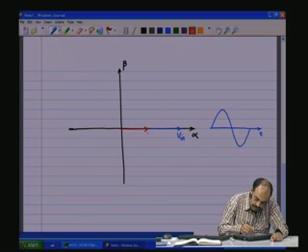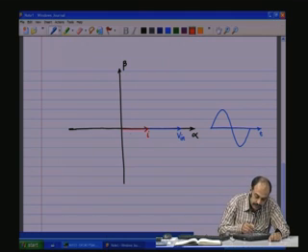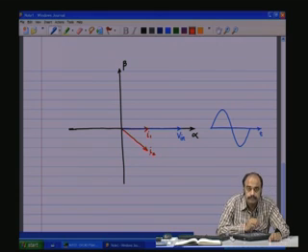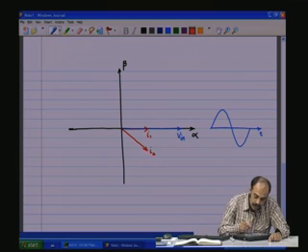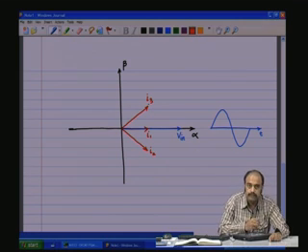So, this is my I phasor or the vector, or one could have a current, let me call this one as I 1, or a current which is lagging, let us call this I 2, or a current which is leading, let us call this I 3.